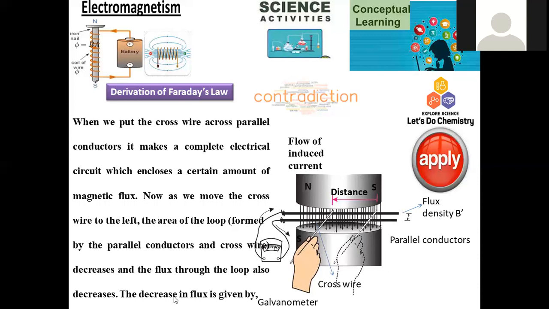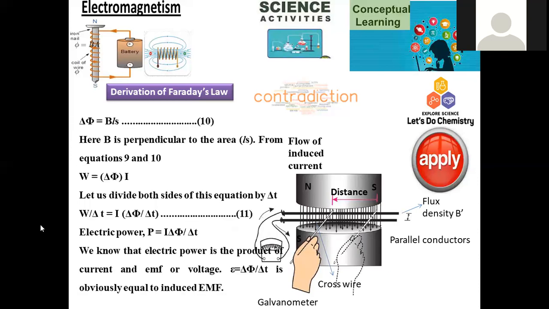The decrease in flux is given by the formula delta phi is equal to BLs. Phi denotes the variation in the flux. B is the flux density induced in between the two bar magnets, and L is the fixed length measured in meters. Here B is perpendicular to L.